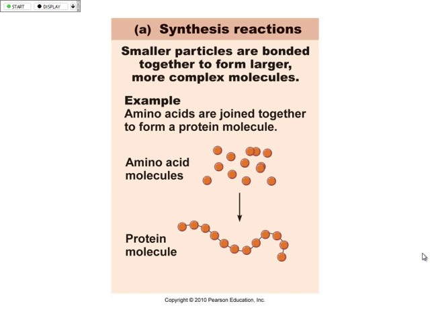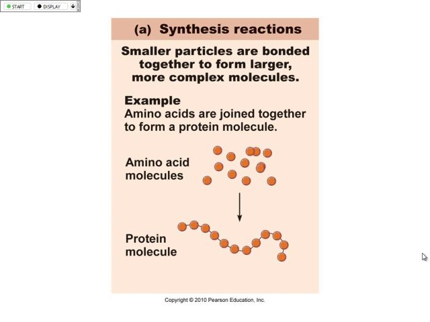Okay, chemical reactions. There's some terms we just went over. Going to repeat. A chemical reaction happens when I take something, let's call it A, and I mix it with something else, let's call it B, and they come together to make something different. Let's call it AB.